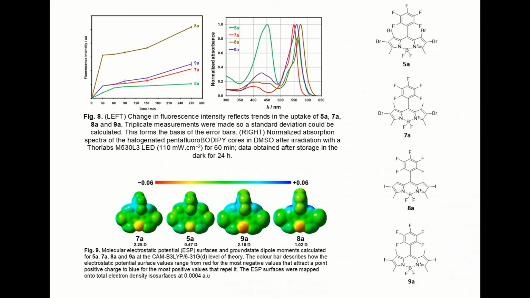And what we've been looking at here with molecular electrostatic potential maps, and also calculated dipole moments, is we're trying to find a rationale for why certain of these dyes are working better than other of the dyes and being taken up by the bacteria, and subsequently having the bacteria eradicated when we shine light and we generate the reactive oxygen species.